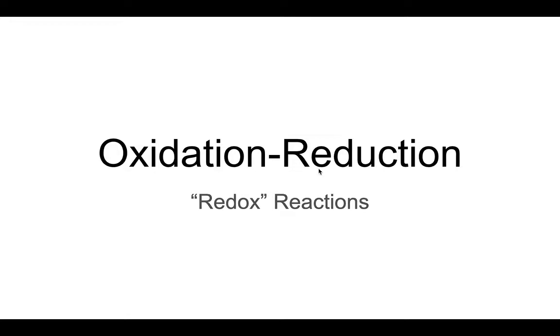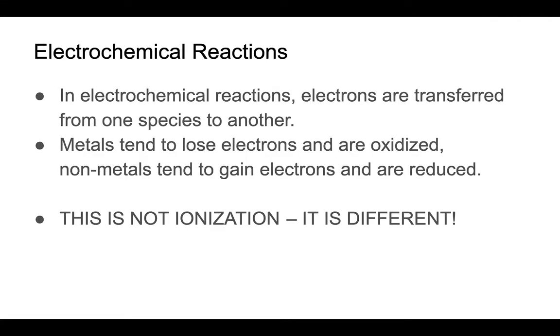Oxidation reduction reactions are commonly called redox reactions because it's easier to say. These are electrochemical reactions. The word electrochemical means we're dealing with electrons. It's a reaction in which electrons are transferred from one compound to another, or one species to another.